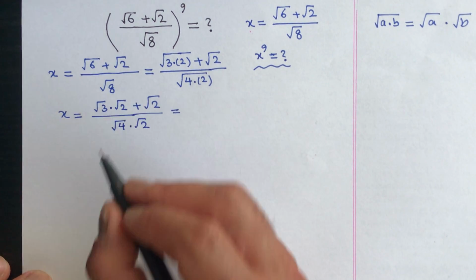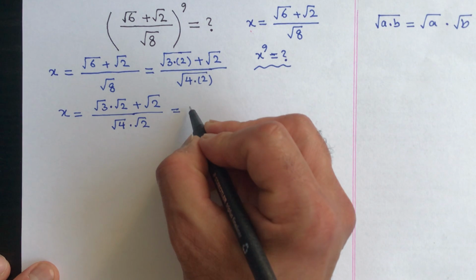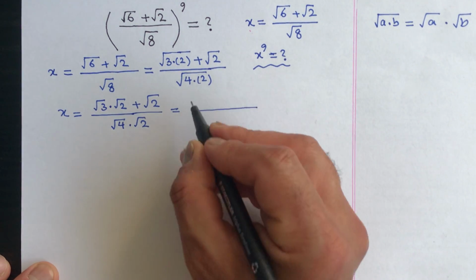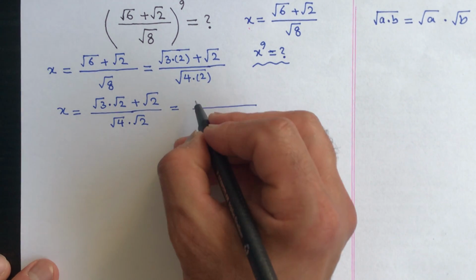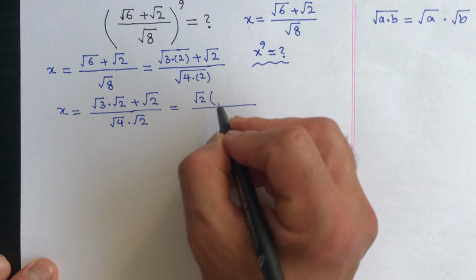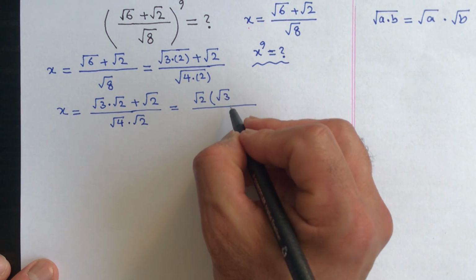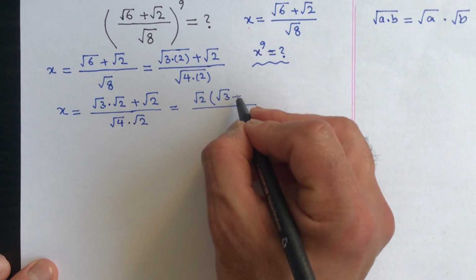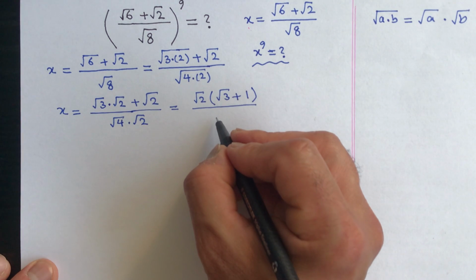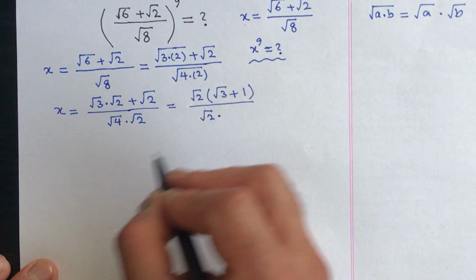And square root of 2 is the same in all terms, so I can factor it out in the top and under the fraction. So the first one is square root of 3 plus 1 over, square root of 4 is 2.